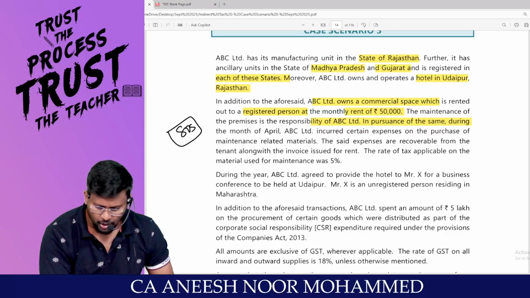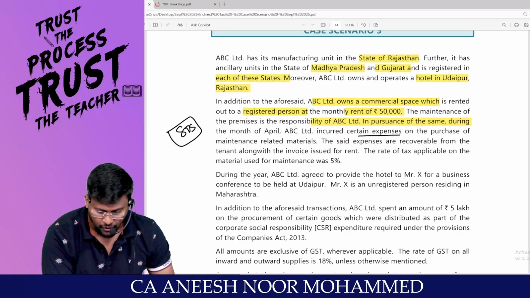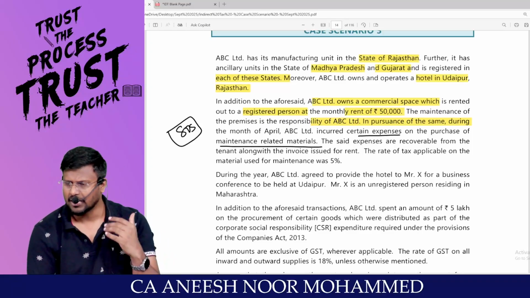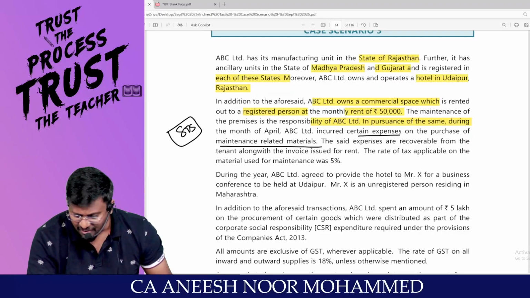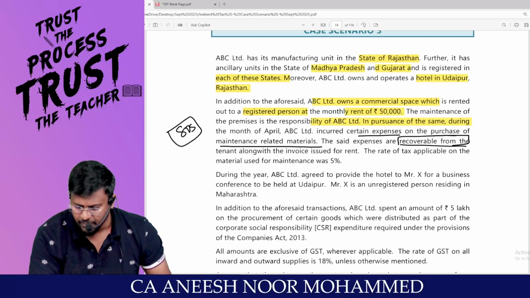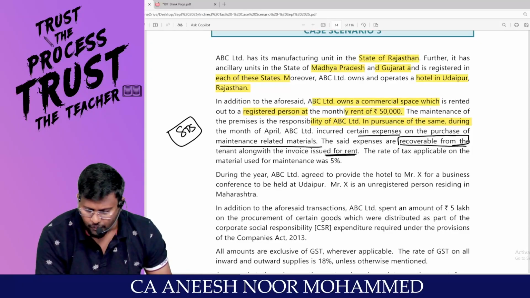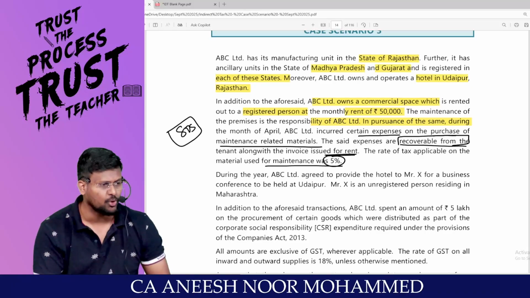During the month of April, ABC Limited incurred certain expenses on the purchase of maintenance related material. That means for the purpose of maintenance, sir, Dettol, items like that I have purchased. The said expenses are recoverable. This is a highlight of the question. Recoverable from the tenant along with the invoice issued for the rent. The rate of tax applicable on the material used for maintenance is how much percent?